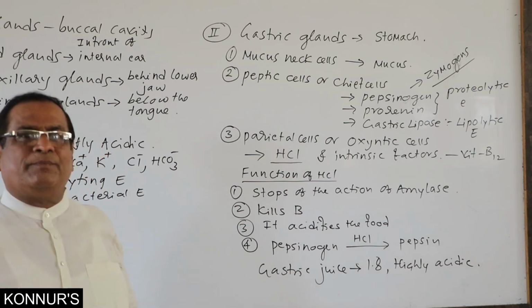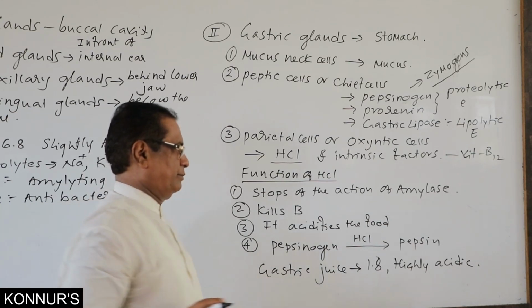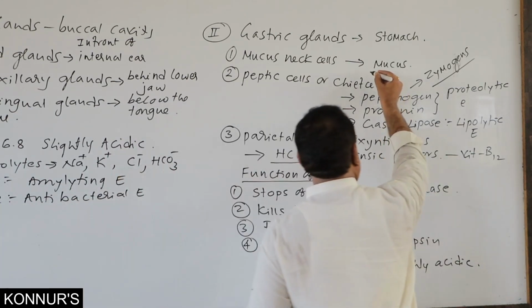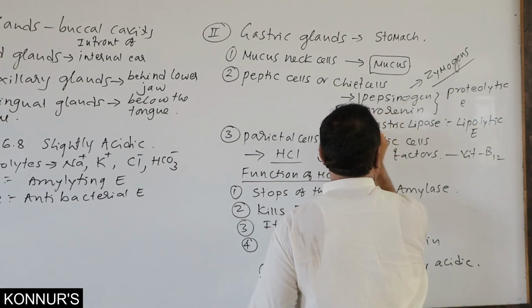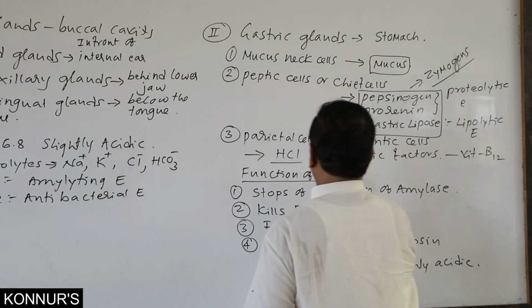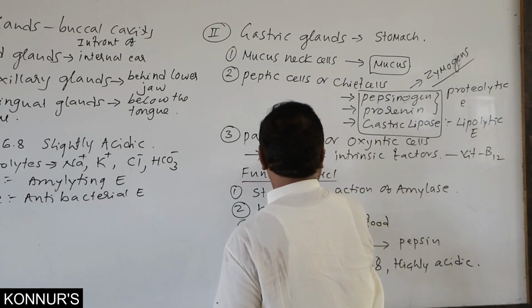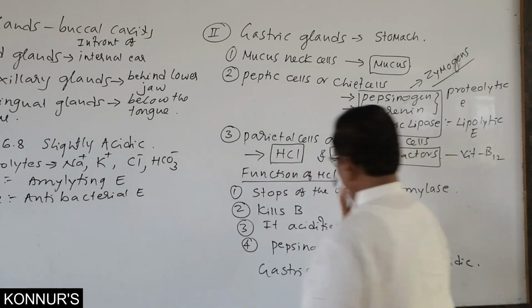And here, totally what is the composition of the gastric juice? The composition is mucus and 3 enzymes, then HCl and intrinsic factor.